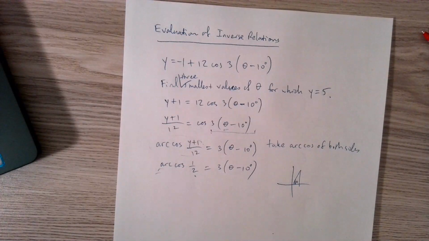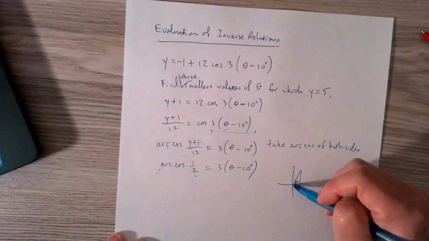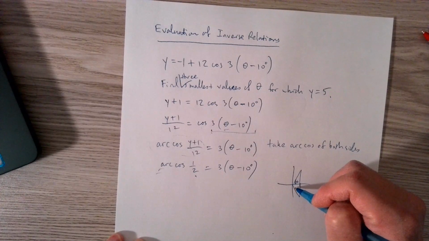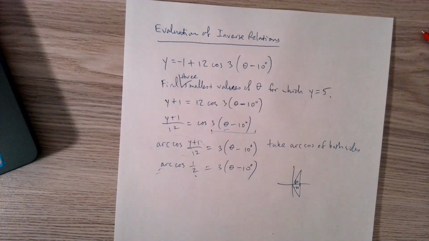60 degrees, as well as 300 degrees, or negative 60 degrees, have cosine values of 1/2.